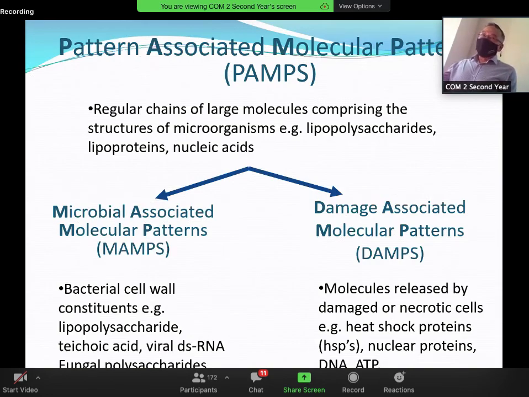When you get UV rays necrosing, killing cells from too much UV exposure, the release of those intracellular contents is detected by these receptors from surrounding healthy cells.